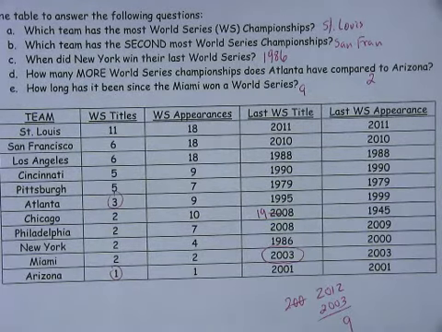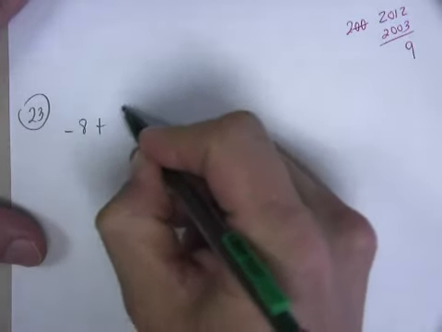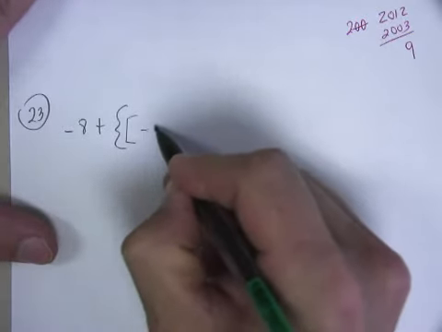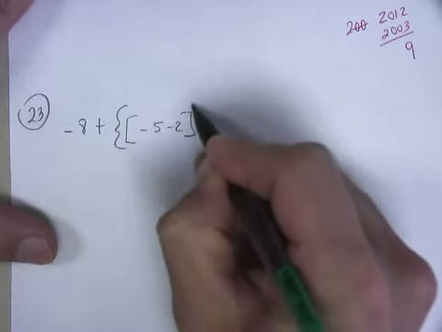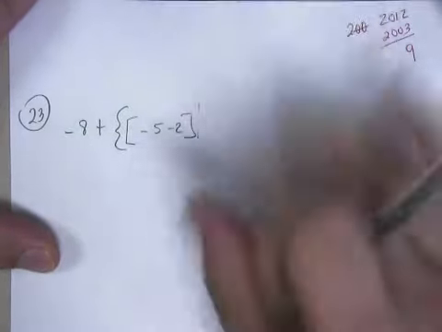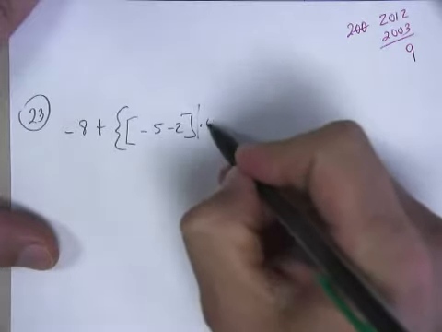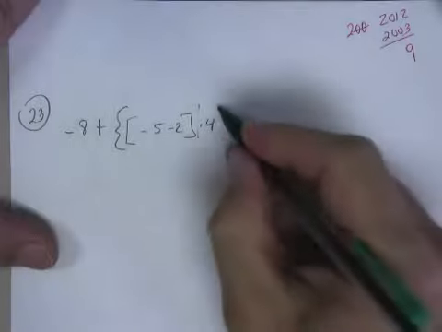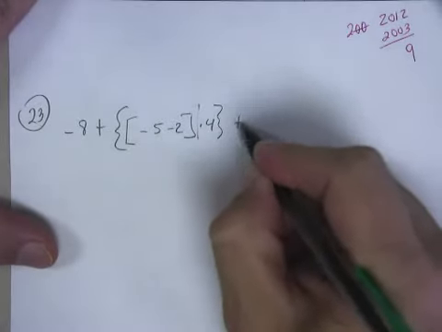I'd like to do 2 problems with you out of the homework. I'd like to do number 23 with you. So I'll set that one up right now. We'll say -8 plus a brace, and then a bracket, times 4, and then let's close this off, and then plus 2.